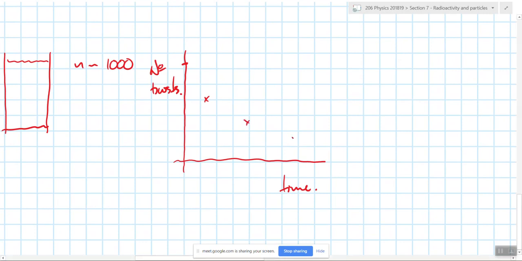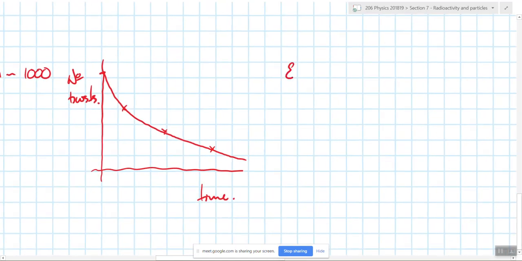And eventually, when we've only got one or two bubbles left, we're going to have pretty much no bubbles bursting per second. And we get a graph that would look a little bit like that. Let's get rid of those points over there. So we should be getting what is called an exponential decay.